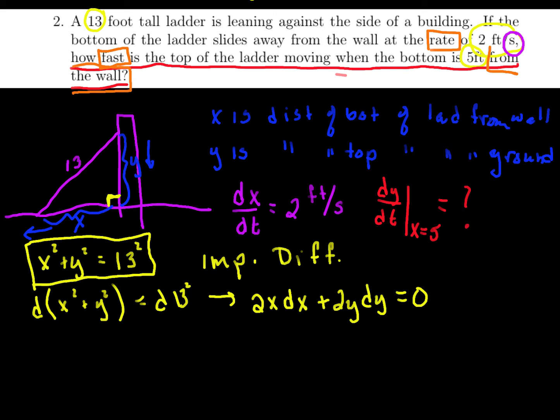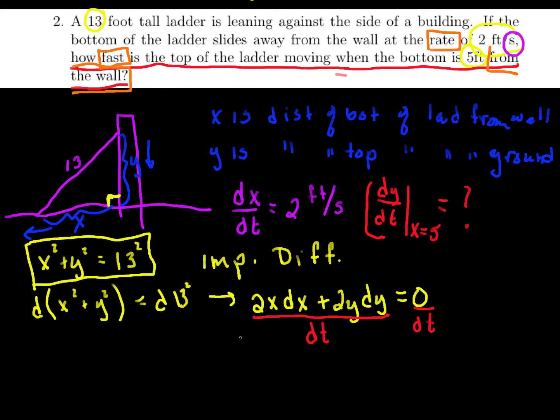Now again, in implicit differentiation, you would divide by dx or dy depending on which one you're looking for. But now I want to know dy/dt. And so I don't want to divide by dx. I want to divide by dt. So I divide this entire equation on the left-hand side by dt. And of course, that means I divide 0 by dt, but that's just 0.